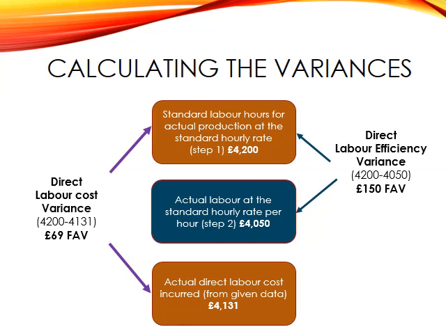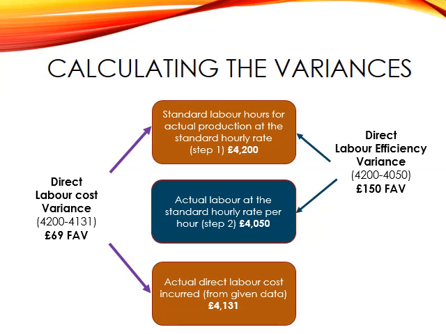The efficiency variance is going to be the difference between that standard labour hours for actual production at the standard hourly rate and the actual labour hours at the standard hourly rate. And that gives me a difference of £150. And it's a favourable variance, as the actual labour hours at the standard hourly rate is less than the standard labour hours at the standard rate.